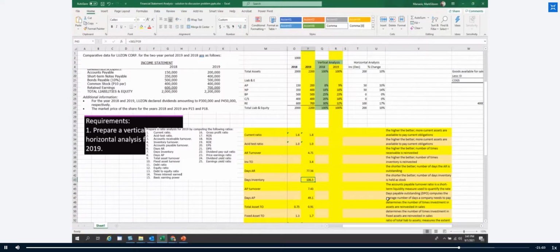So remember, higher inventory also leads to additional cost like holding or carrying costs. Of course, you need space for those inventory. So if you don't have a facility, you need to rent a warehouse.